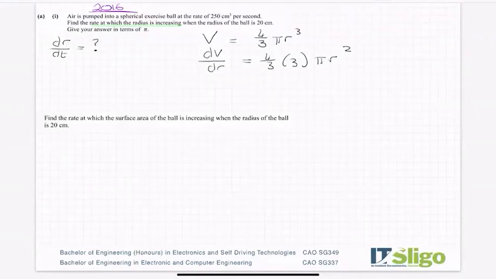So 4/3 by 3, the 3's will cancel, so I will have 4 pi r squared. So that's dV/dr. And I need dr/dt. This is what I want. So I know I have a dV/dr.